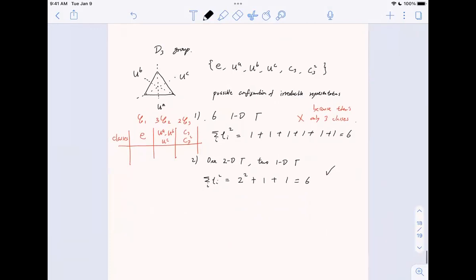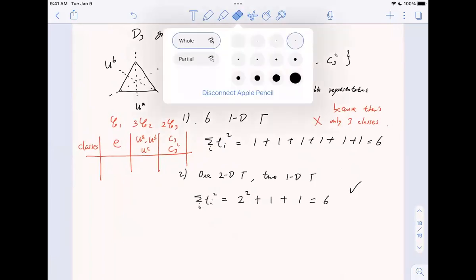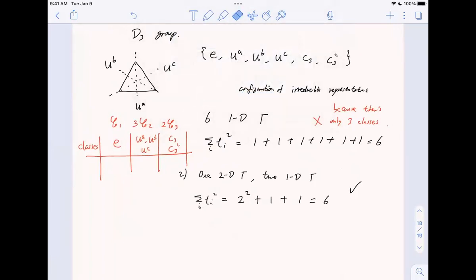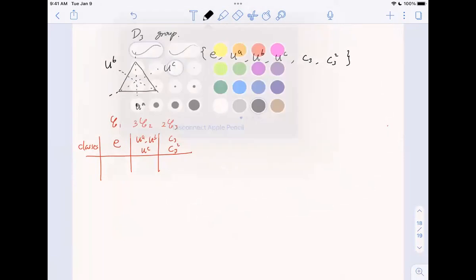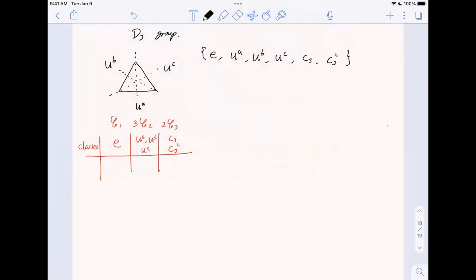Let me remove all of this. In this example, you can actually write it out as matrices.